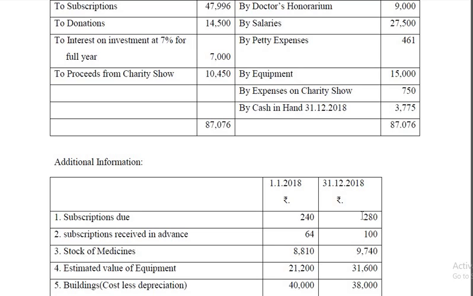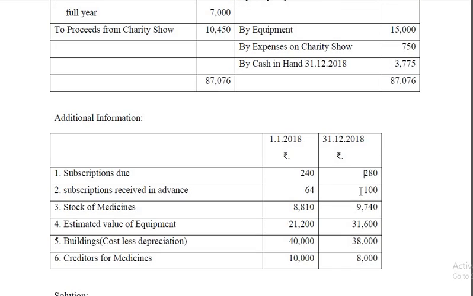And then 280 outstanding at the end of the year should be added because it is the current year outstanding value. Since it is not included, it should be added. The 240 subscriptions due at the end of the previous year will come to the opening balance sheet.